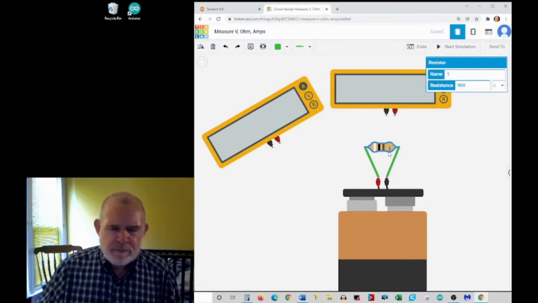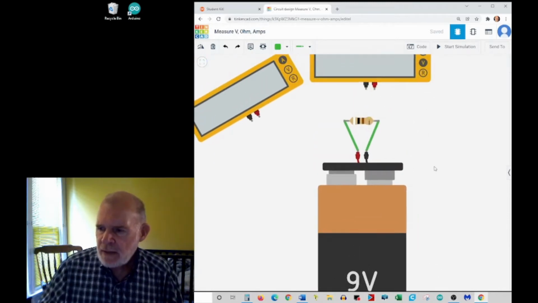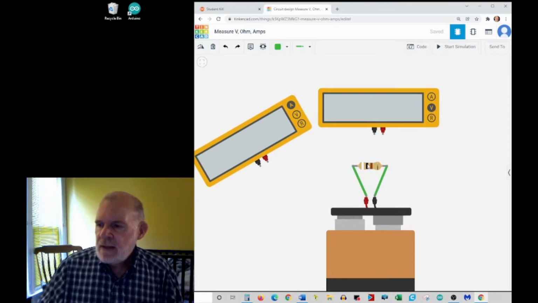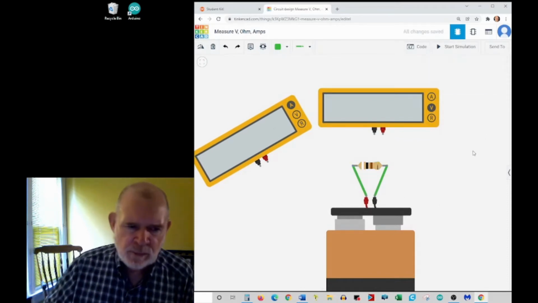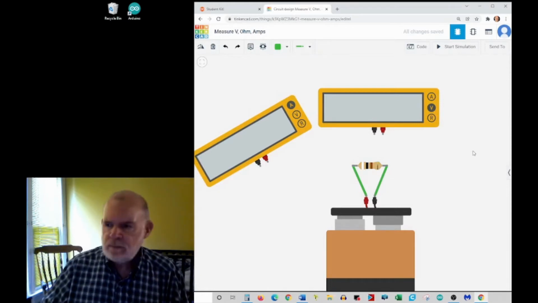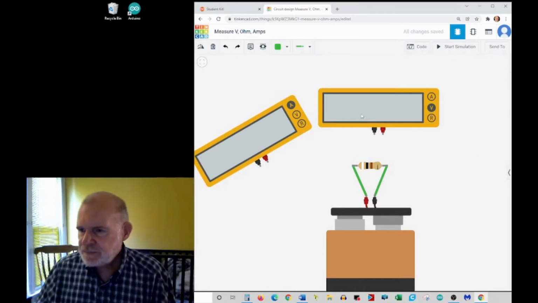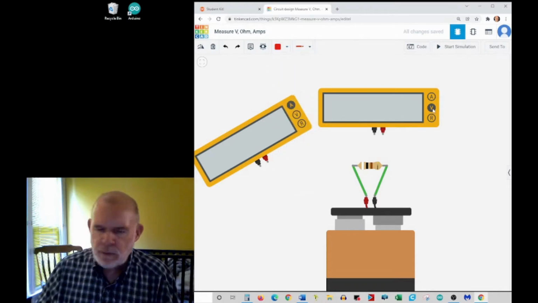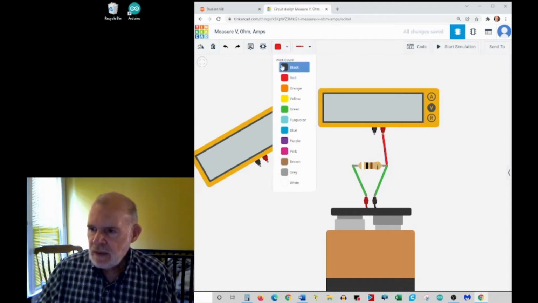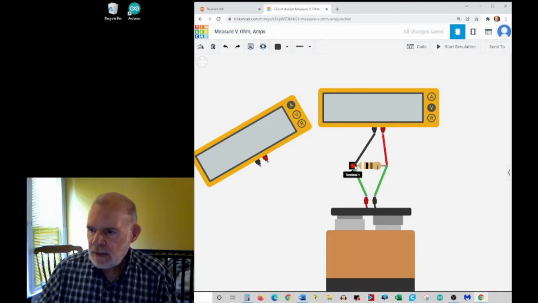I know that's a 9-volt battery, and I've created it as a 900 ohm resistor just to make the math come out convenient. So let's connect up this voltmeter, which is set to its volt scale. I hook a black wire to this side, and that's going to show me the volts.